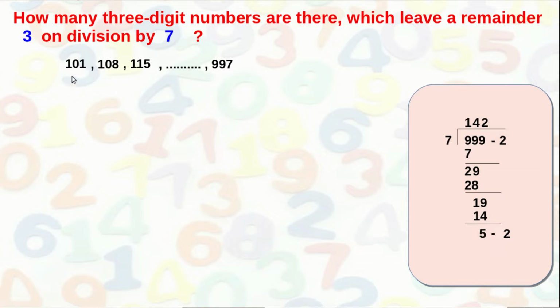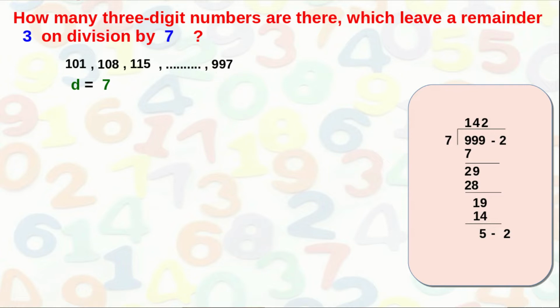Here we have an arithmetic sequence with first term 101 and last term 997 with common difference 7. Here 997 is the last term of the sequence. Therefore, its position will be the number of terms of this sequence.